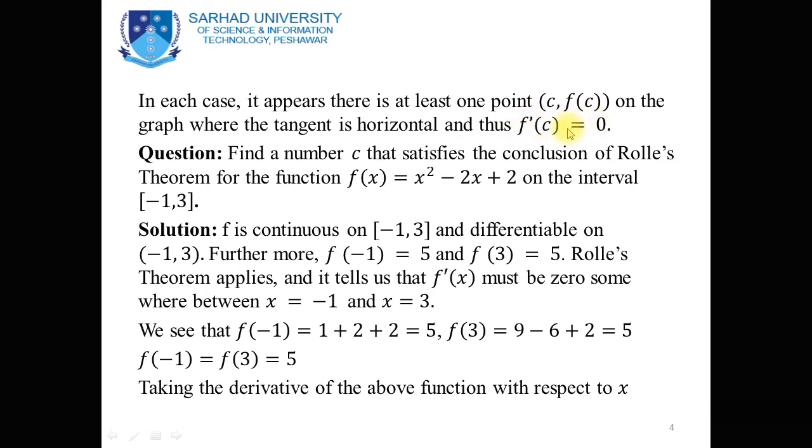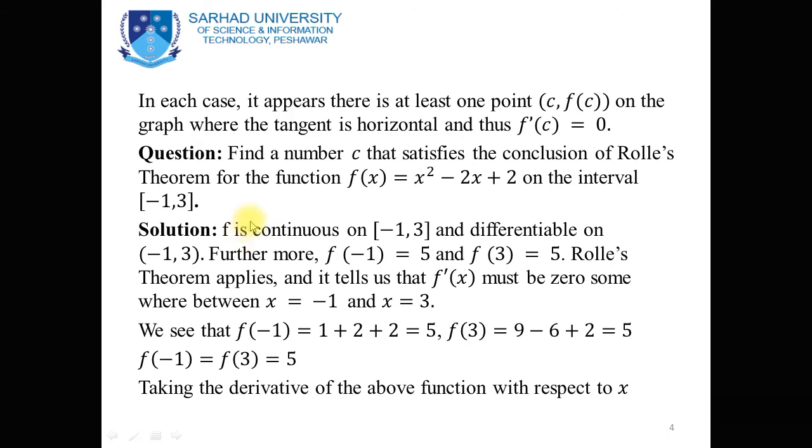Now for example, we have a problem: the function f(x) = x² − 2x + 2 on the closed interval from −1 to 3. We need to find a number c that satisfies the conclusion of Rolle's theorem.